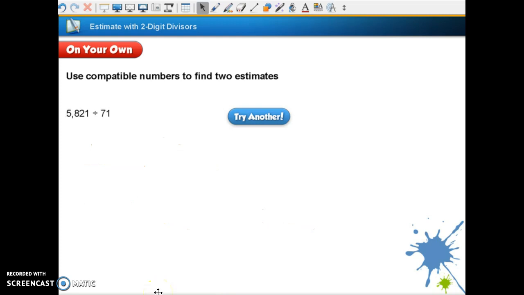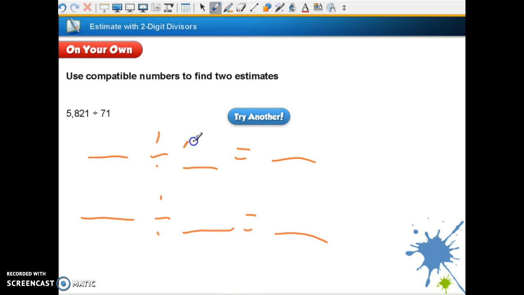Okay, this is number 13. I'm going to draw my things. Okay, and I'm going to round my divisor to 70. I'm going to do my multiples of 7: 14, 21, 28, 35, 42, 49, 56, and 63.